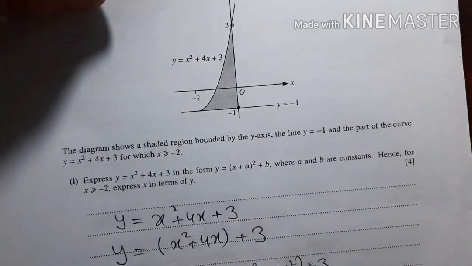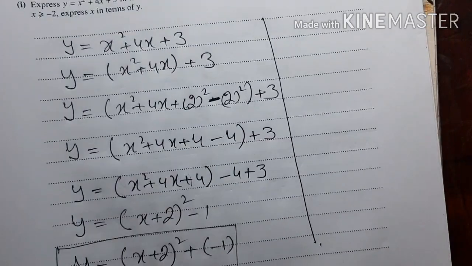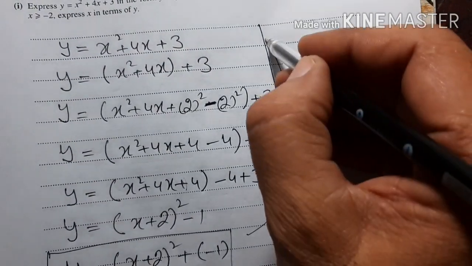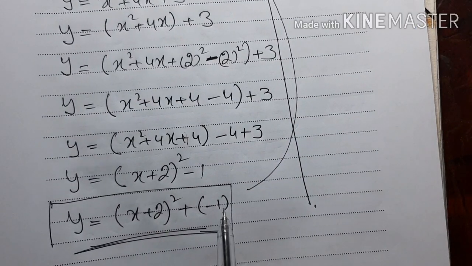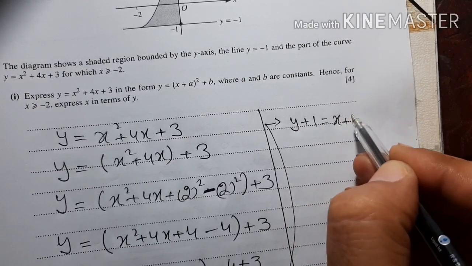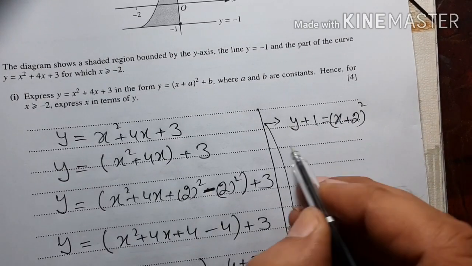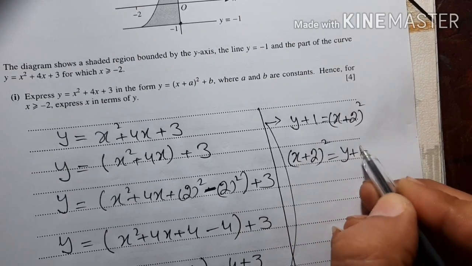Express x in terms of y. I will make x the subject here, so I'll take 1 to this side. y + 1 is equal to (x + 2)². I can write it as (x + 2)² = y + 1.